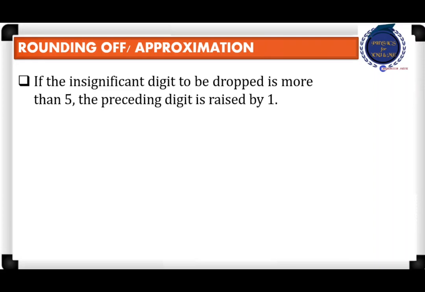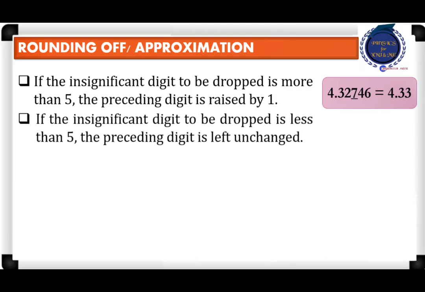Again, the example. It has 6 digits, but we have to consider only 3 significant figures. That means the last 3 digits should be dropped. 7 should be dropped. Since the 7 is greater than 5, the preceding number, which is 2, is raised by 1, hence the answer is 4.33.